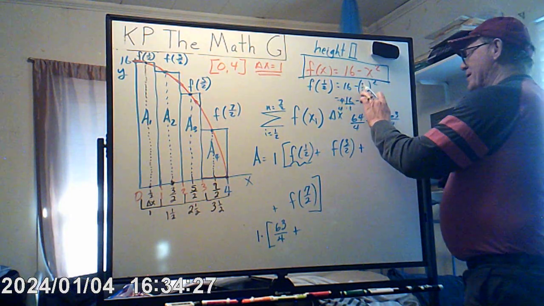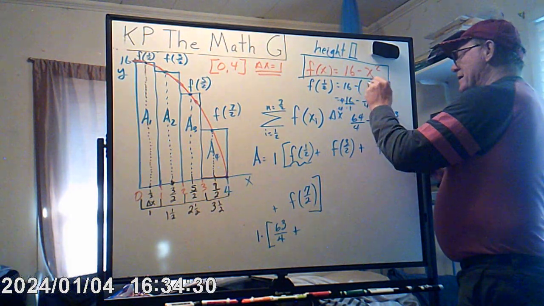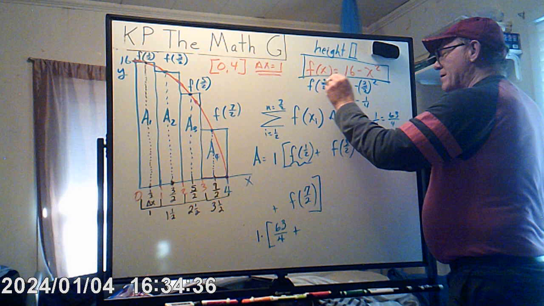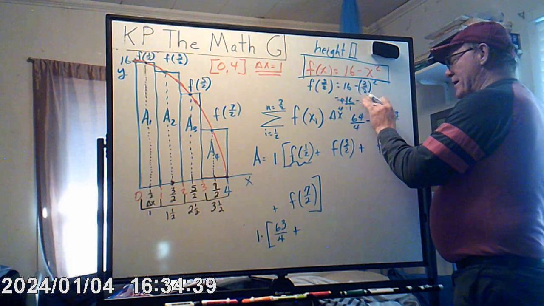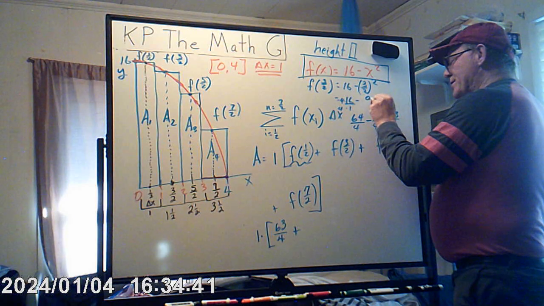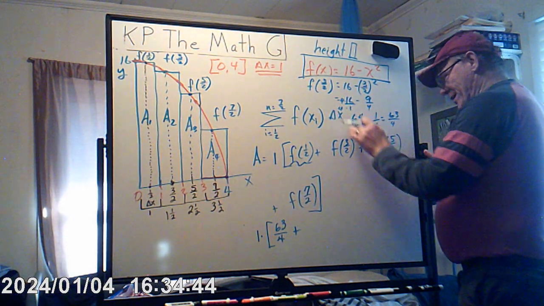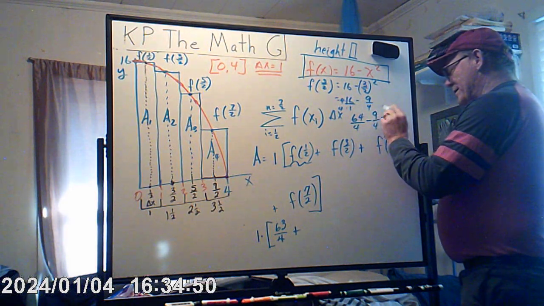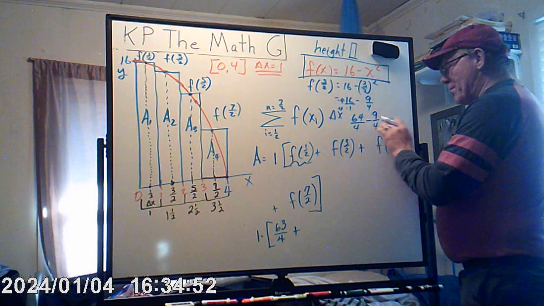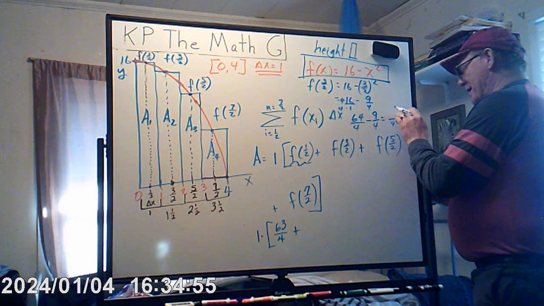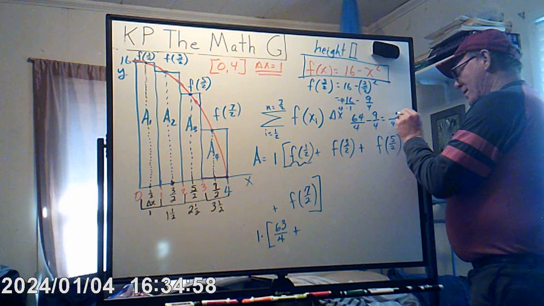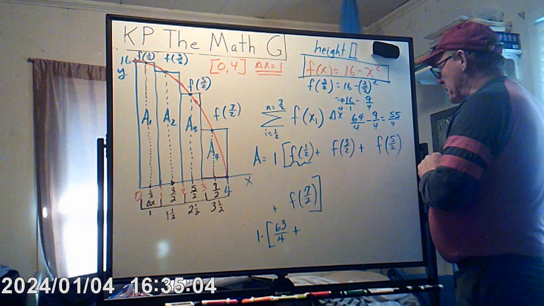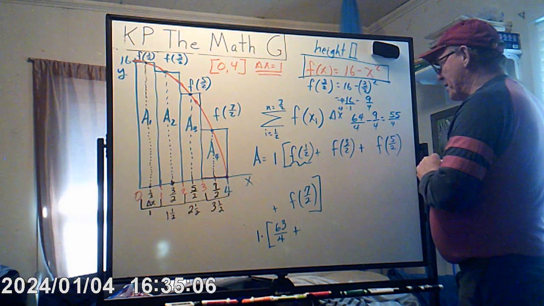f at 3/2, let's figure out what that is. 3/2 is right here. 3 squared is 9, 2 squared is 4, so 9 over 4. This is still 64 over 4. So 64 minus 9 is 55.